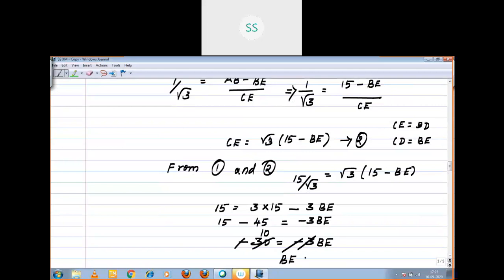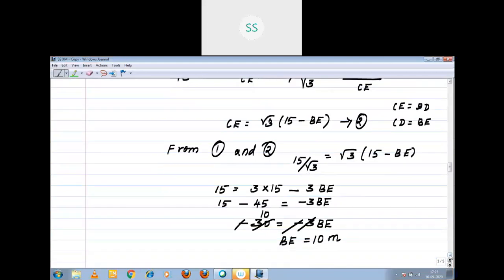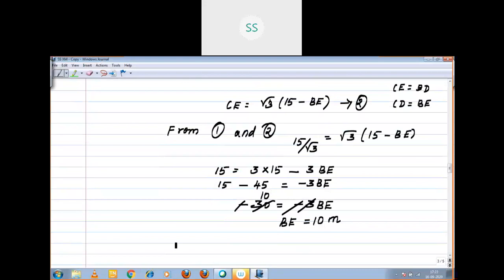Now, minus 30 equal to minus 3BE. So what is your BE? BE equal to 10 meter.